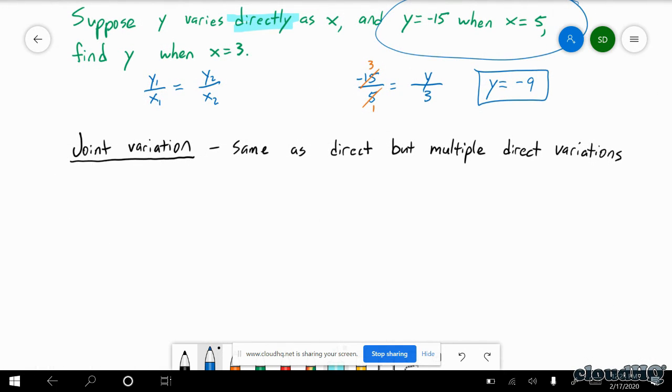we could say, suppose y varies jointly as x and z.